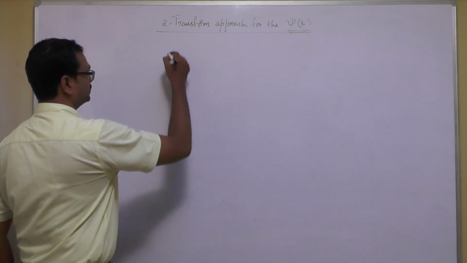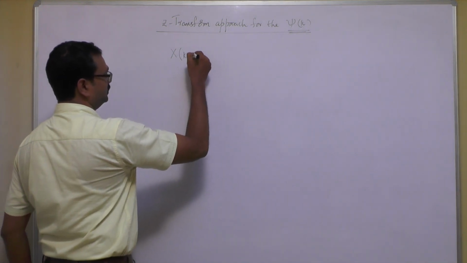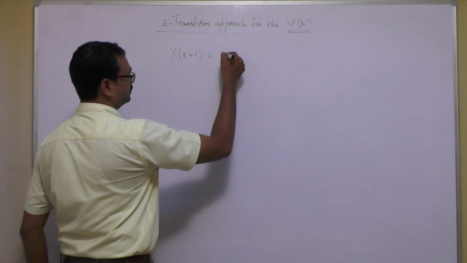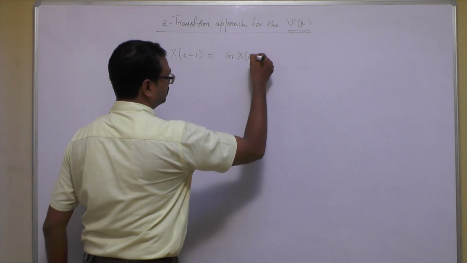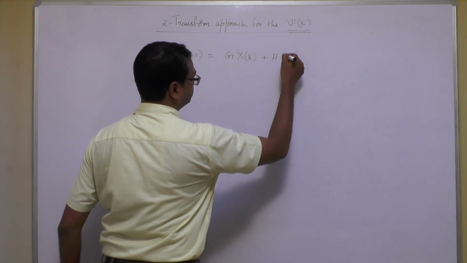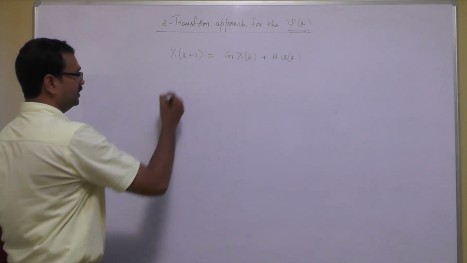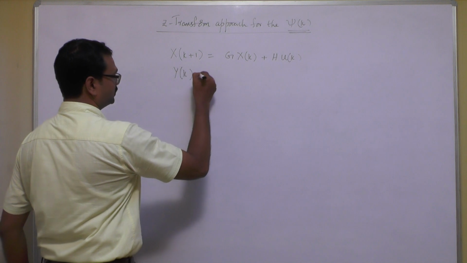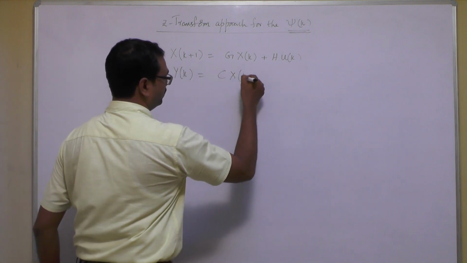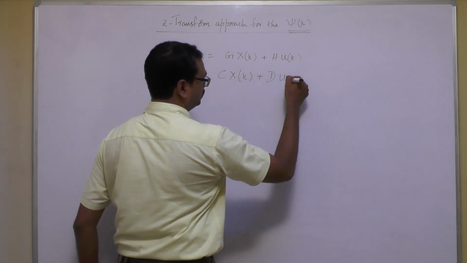equations. Now let us go with the equation x of k plus 1 is equal to G x of k plus H u of k, and y of k is equal to C x of k plus D u of k.